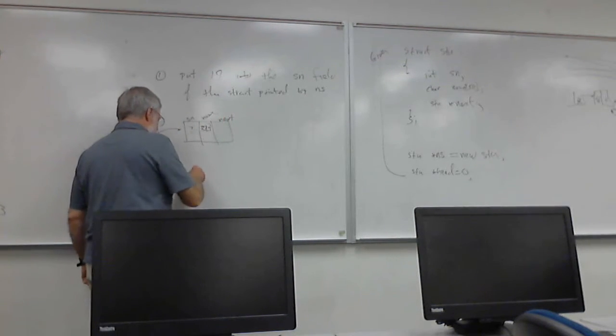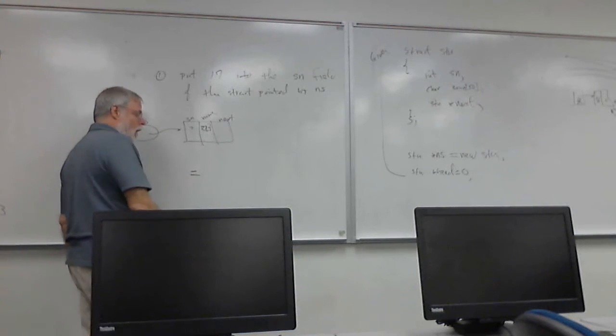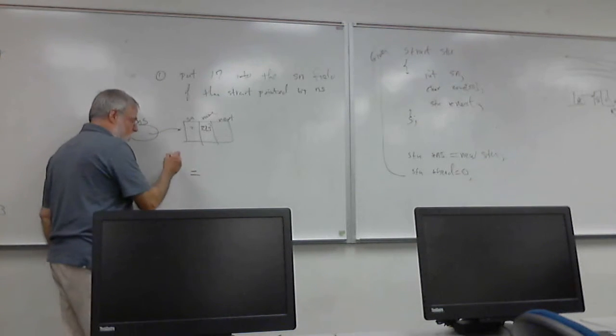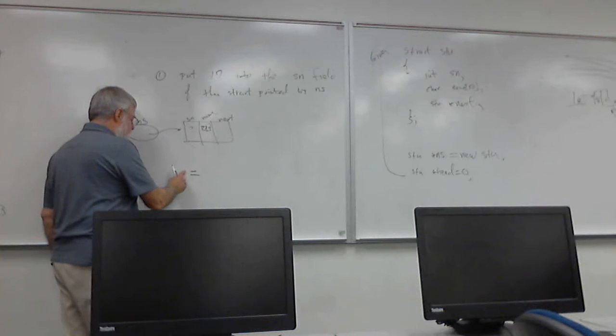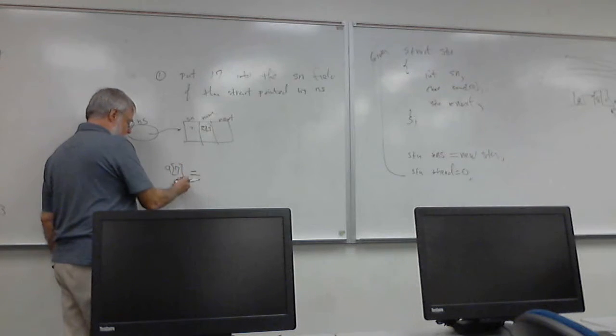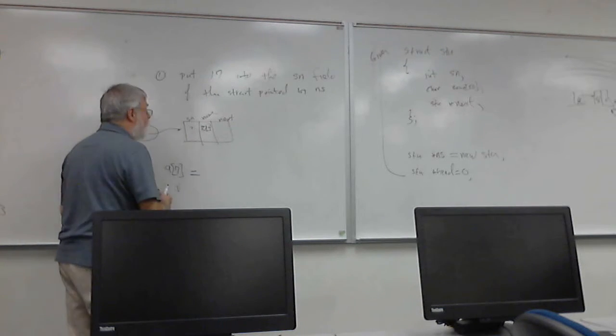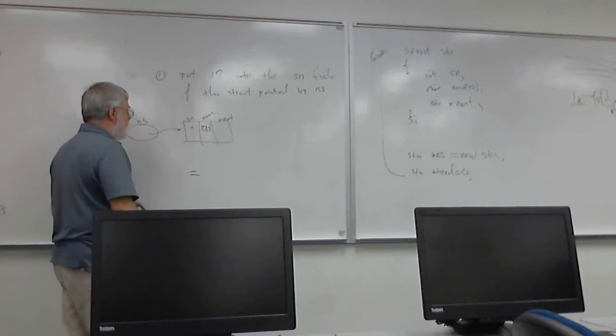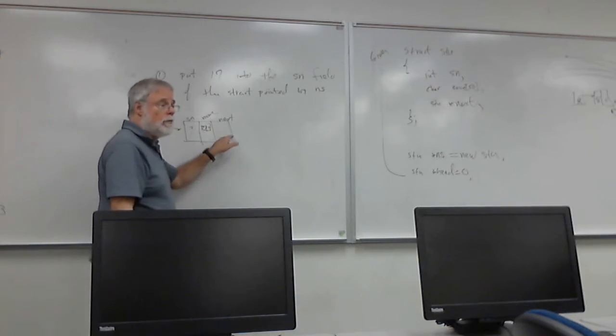So what kind of thing can you put over here on the left? Well, you're used to putting variables on the left. If you have an array, you can say A brackets 7. So what belongs on the left is a variable, an array name, or you can have a field out of a struct.